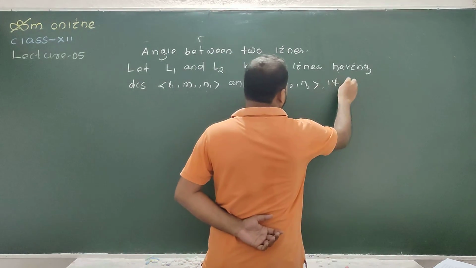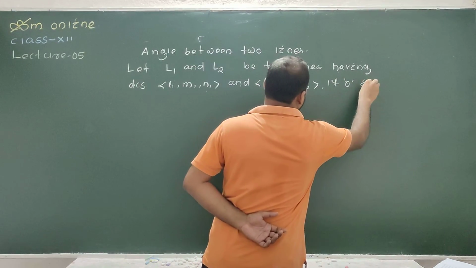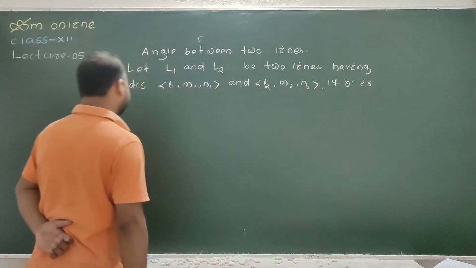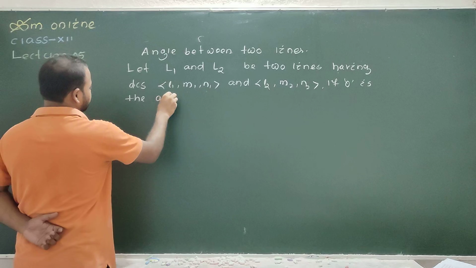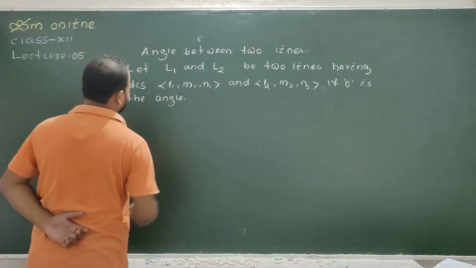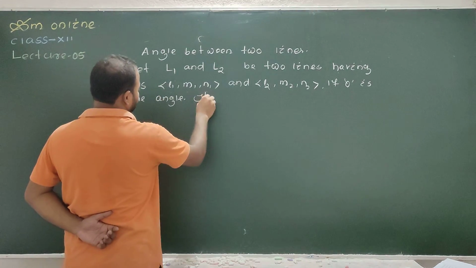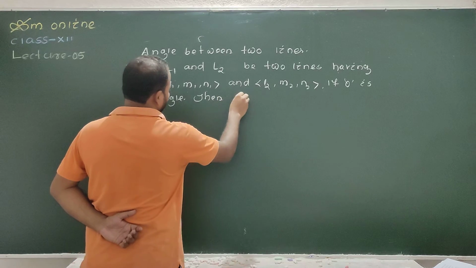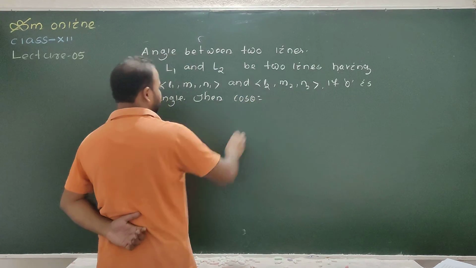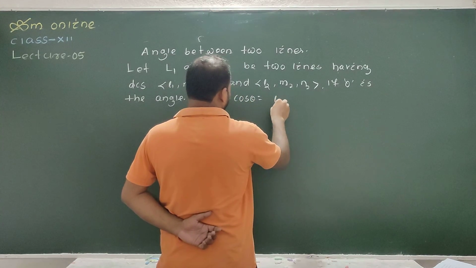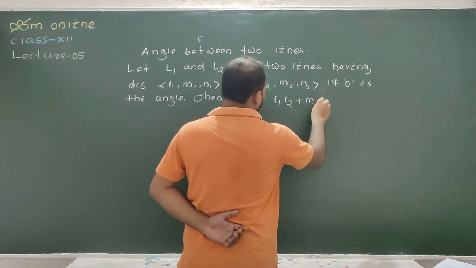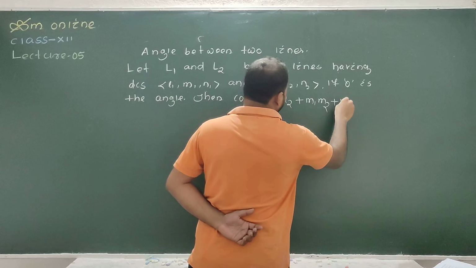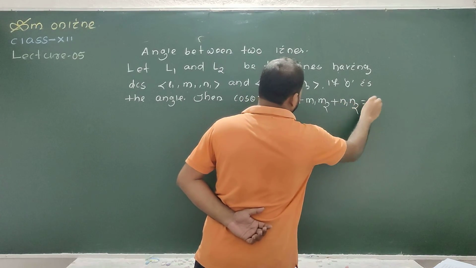If theta is the angle, then cos theta equals L1 L2 plus M1 M2 plus N1 N2.